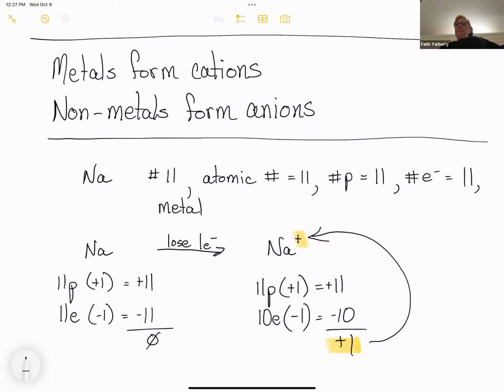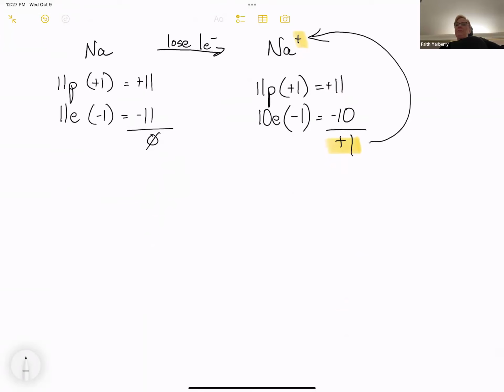So let's look at another element. Let's look at aluminum. Aluminum is element 13 on the periodic table. Therefore, its atomic number is 13.